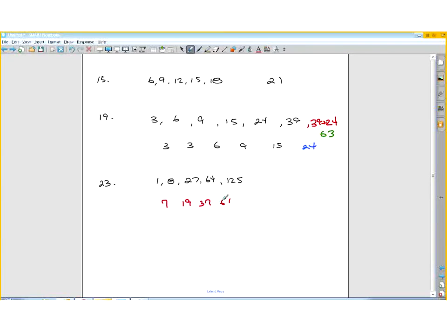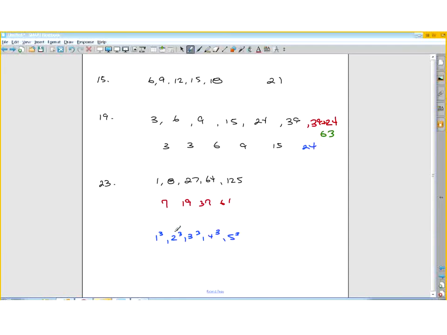Let's look at it from the geometric standpoint. Are any of these numbers squared? Is 8 something squared? Well, yes, but it's a decimal. So how about cubed? That's what I saw, the cube thing. 2 cubed is 8, 3 cubed is 27, 4 cubed is 64, 5 cubed is 125. So if we rewrite this, we have 1 cubed, 2 cubed, 3 cubed, 4 cubed, and 5 cubed.